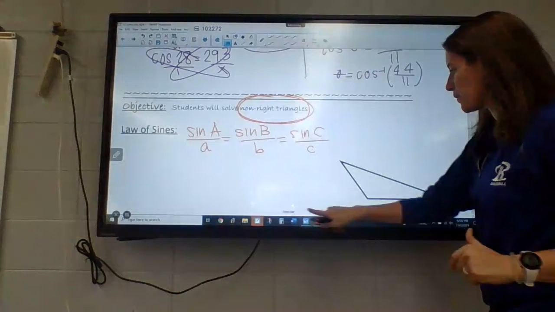Now, we're going to set up law of sines. And again, we only need 2 out of the 3 of these ratios. I'm actually going to use angle C because I know that one already. So I'm going to do sine of 40 over what? 24. That's the side that goes with that angle. Does that make sense? So the 24 is across from it, so it goes in that same part of the ratio.